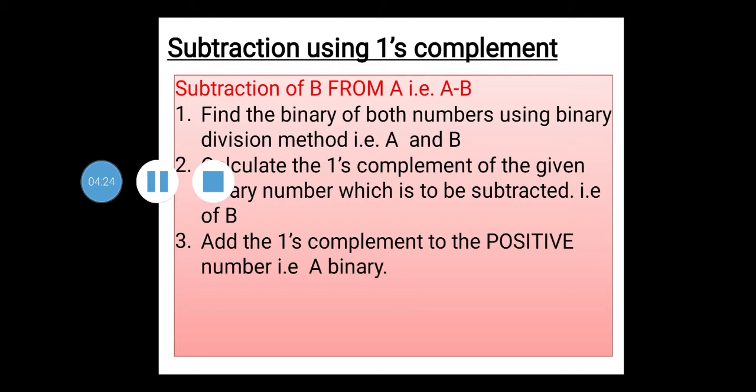After finding the ones complement, you are going to add the binary of a and the ones complement of b. So that means you first find the binary of a and b, make them of the same length. Then the next step is to take the ones complement of binary b, and the third step is to add the binary of a as it is and the ones complement of b.